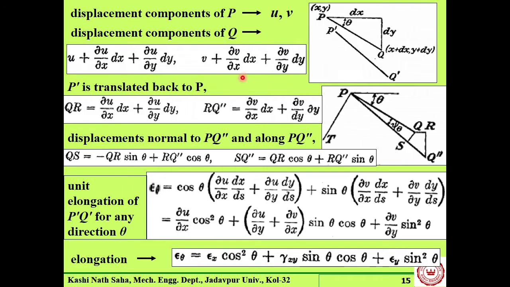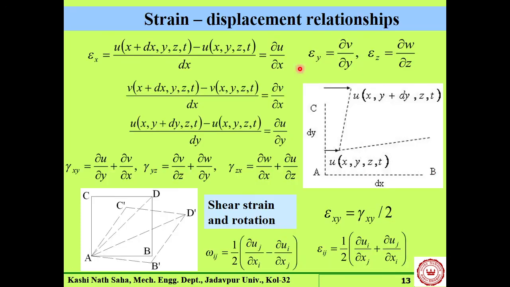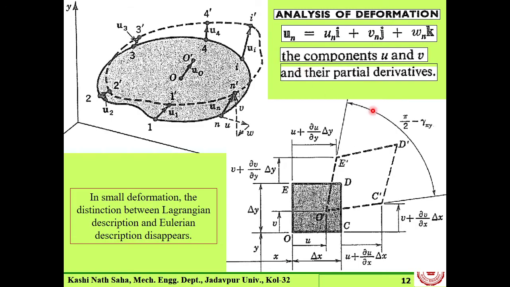So like this, our u is the complete displacement and v is the total displacement. We will come to it. So this is how we are getting the coordinate of point D prime. Similarly, point C goes to C prime.